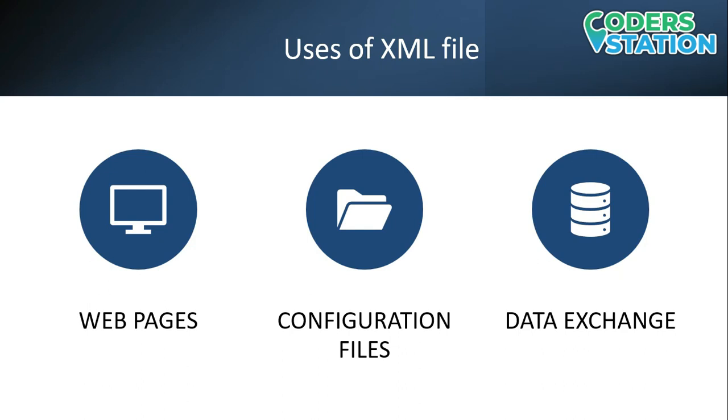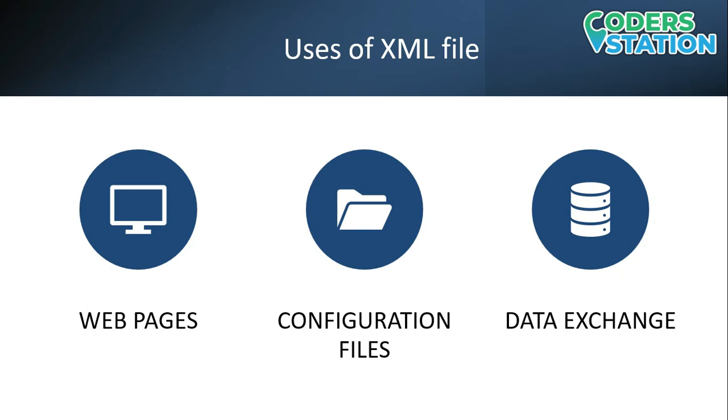The next use of an XML file is as a configuration file. An XML file can be used as a configuration file, and it is used while creating a mobile application. Each and every mobile application will have its own configuration file, and that configuration file has to be written in an XML file.